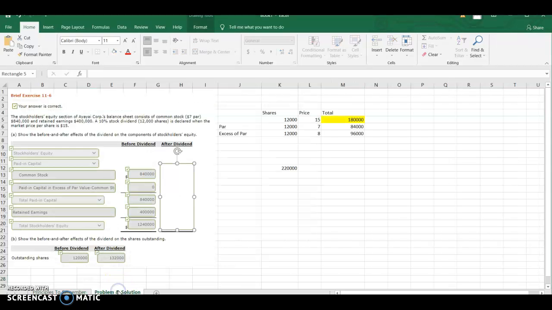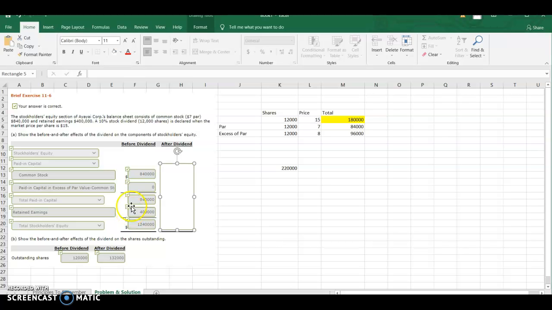It doesn't change. So here I like to start by putting in all the stuff that I know for sure, like the accounts in stockholders' equity. We have paid-in capital, which consists of common stock and paid-in capital in excess of par value, common stock. We have the total paid-in capital, retained earnings, then total stockholders' equity. And then the information from the question: common stock is 840,000, retained earnings are 400,000.